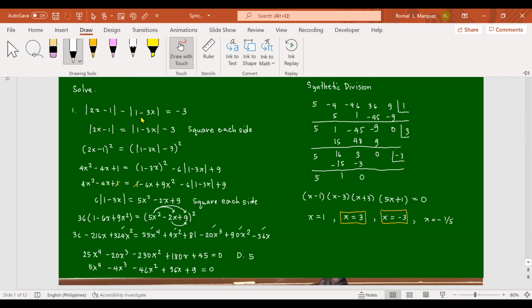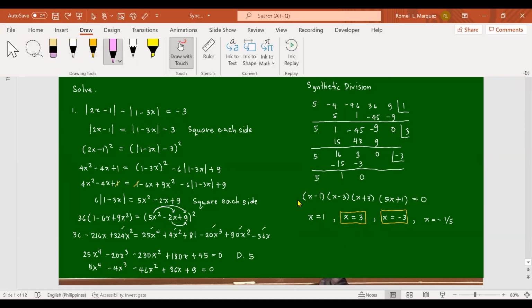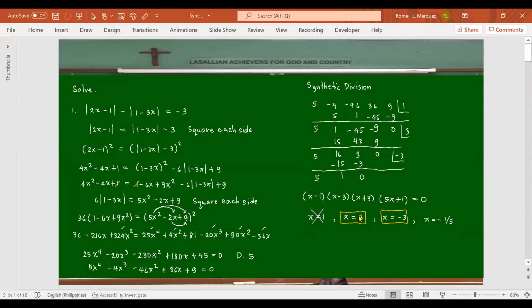Then the absolute value is 1. 1 minus 3 times 1 is -2. The absolute value is 2. 1 minus 2 is not equal to -3. So this is rejected. You can check. This is also rejected if you try to substitute, it will not make this a true statement. But if you substitute 3 and -3, then you will be able to get the correct answer.